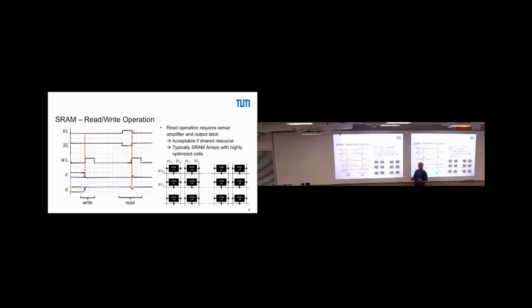And for that reason, it only makes sense to implement an SRAM if this array here is large enough. So if you have a few tens, a few hundreds of bits to store, you would not use an SRAM. It just becomes too large. It consumes a lot of area, hinders you to place and route something where the SRAM is, and so forth. So then you would rather use some flip-flops for that.